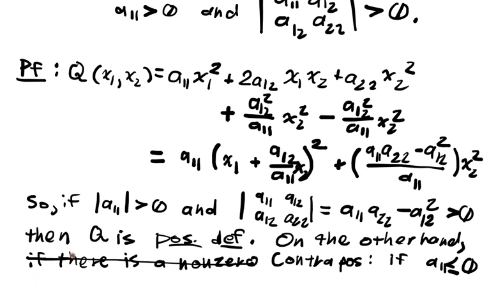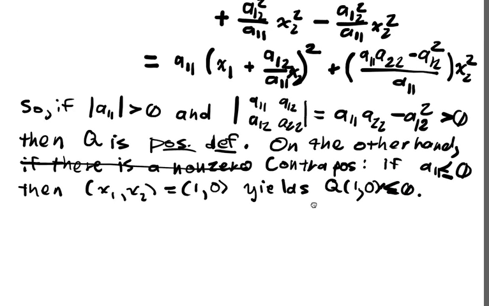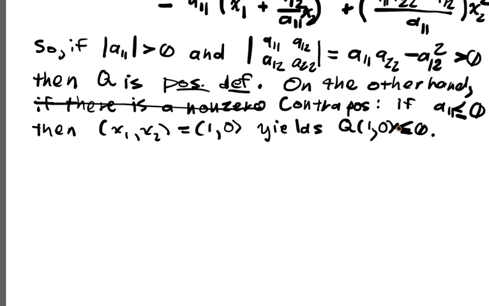Well, then of course there's going to be a number that we can plug in, so we just set x2 equal to 0, right? And then x1 can be anything. So this term will vanish, and therefore we have q of (x1, x2) = (1, 0) yields q(1, 0) less than or equal to 0. And so Q is not positive definite.